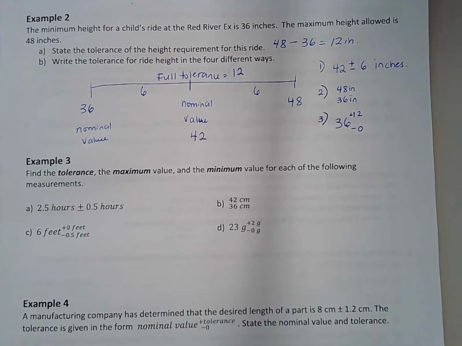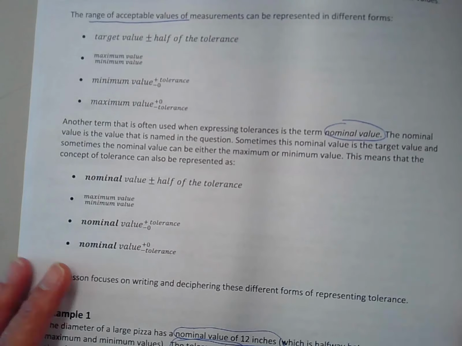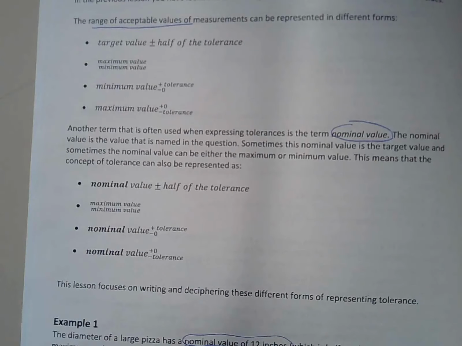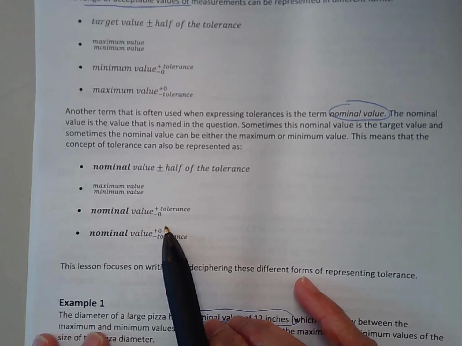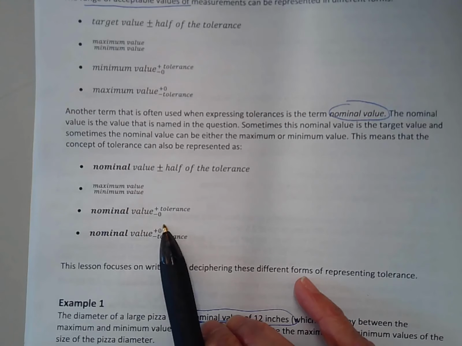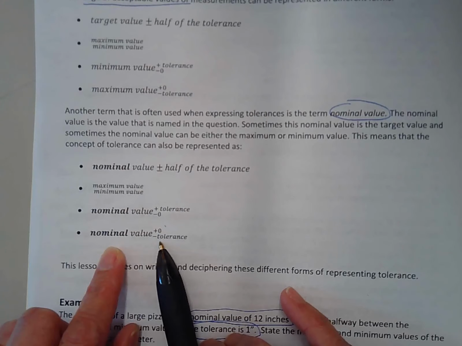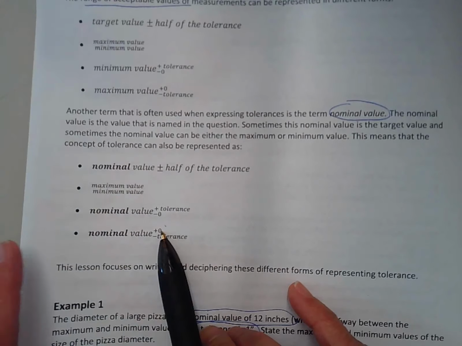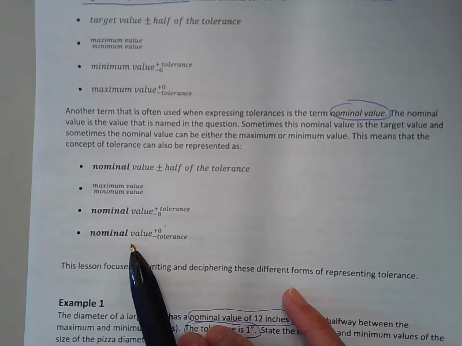Last one. The last one says here, nominal value plus 0. That tells us we can't go any more, but we can go less. So if we can't go any more, the nominal value has to be the maximum value.